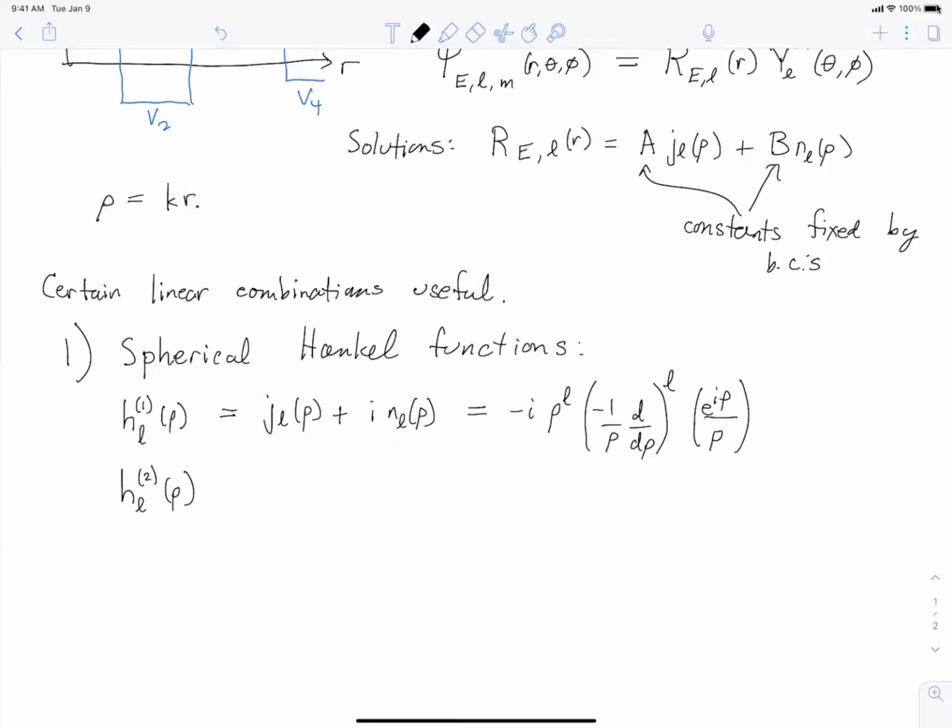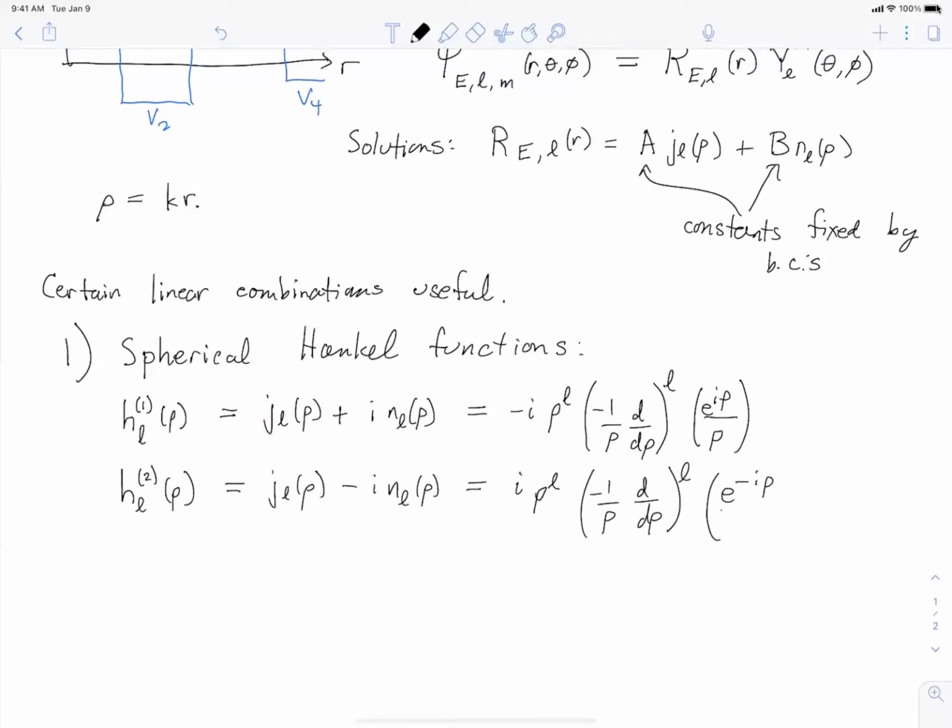So that's the second spherical Hankel function. It's just JL of rho minus I NL of rho. And that's I rho to the L, the same combination, minus 1 over rho d by d rho, L, but now acting on e to the minus I rho over rho.